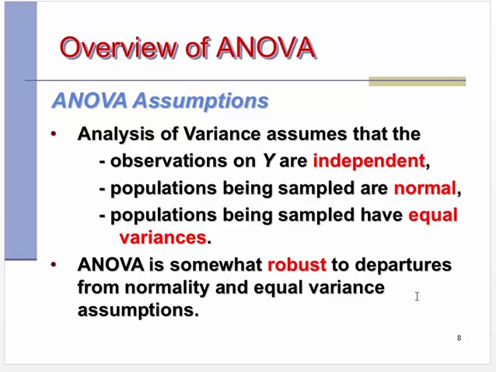So if it's not exactly following a normal distribution, ANOVA is still a good solution. If the variances are not exactly the same, ANOVA can still work.